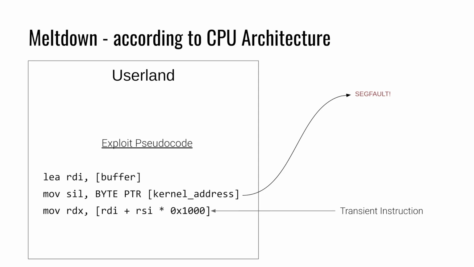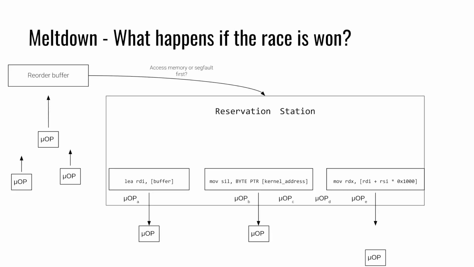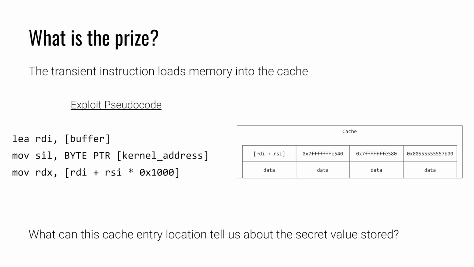I can't print this byte, but I can access the byte within the speculative context. Transient instructions may not change the architectural state of the CPU, but what they can do is load values into the cache. And so if we look at this pseudocode here in assembly, what's occurring?